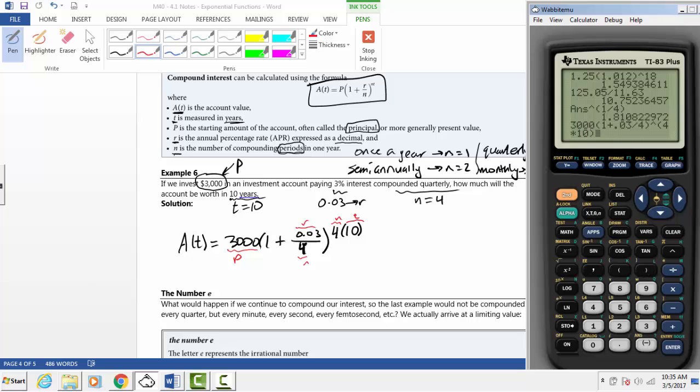Okay, and then we hit enter, and there you go. $4,045.05. That's what our account's going to be worth.